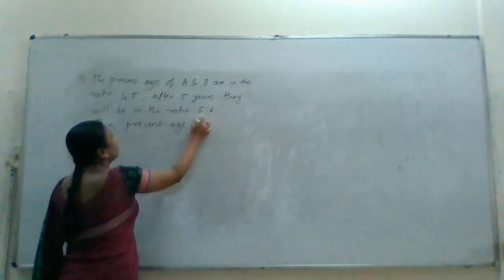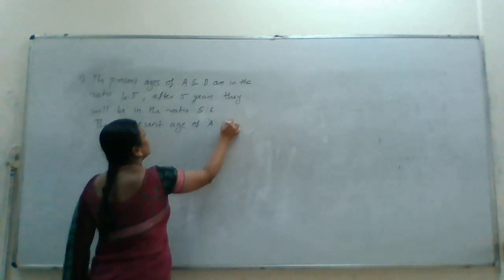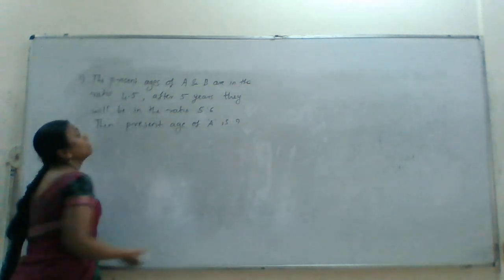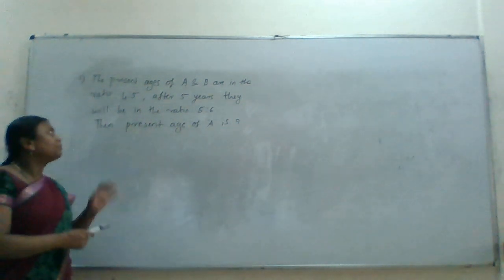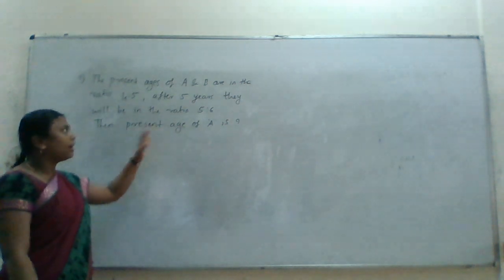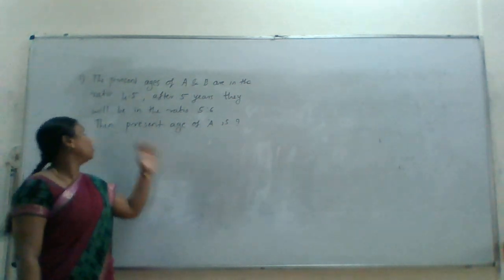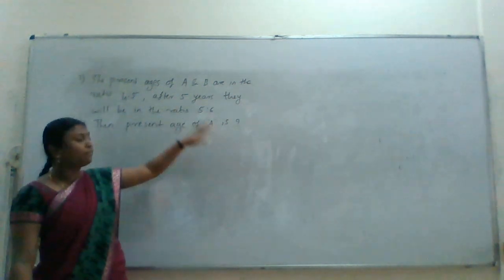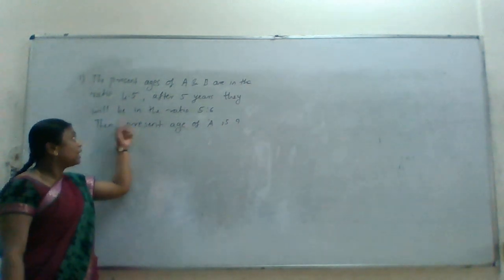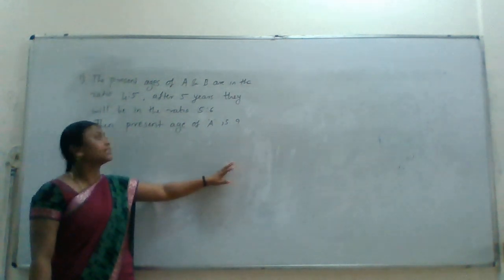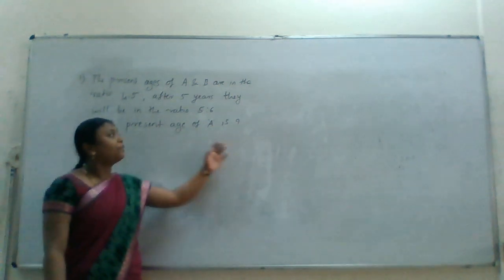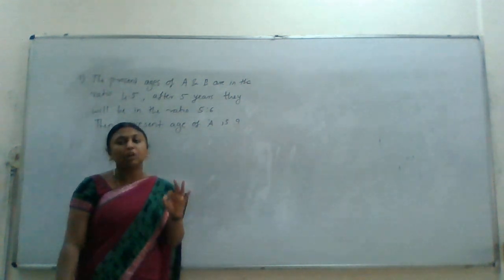So here your question is, the present ages of A and B are in the ratio 4:5, after 5 years they will be in the ratio 5:6. Then what is the present age of A?